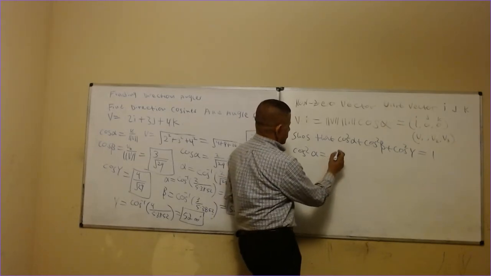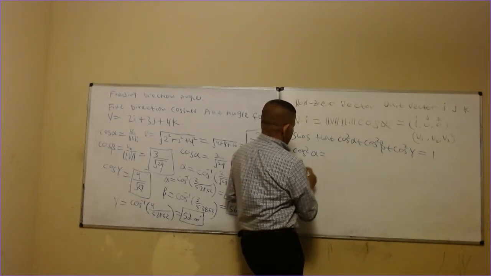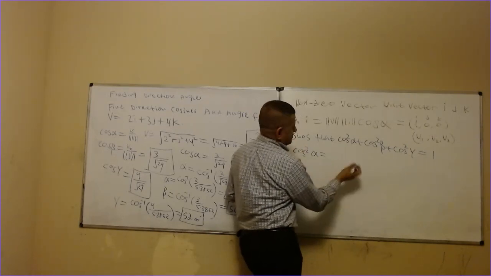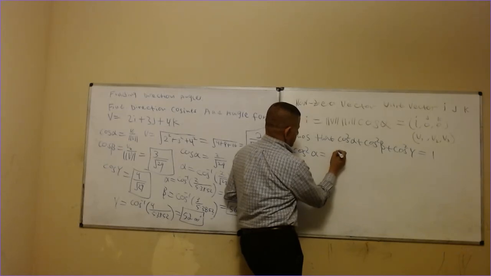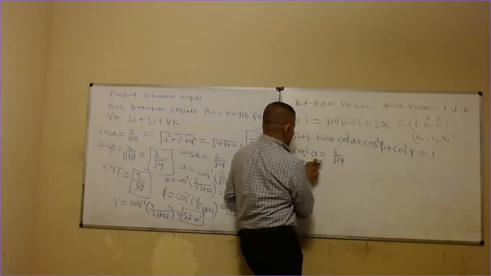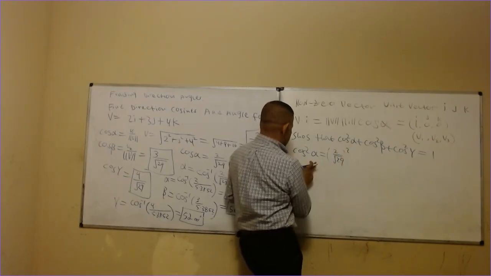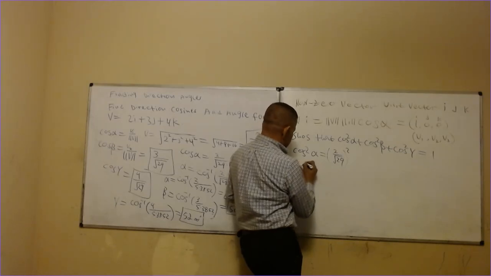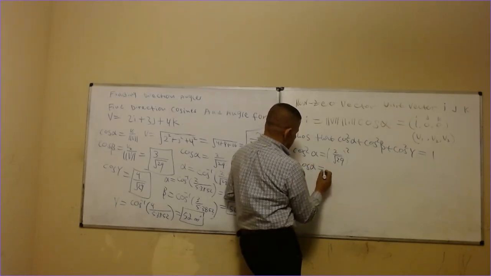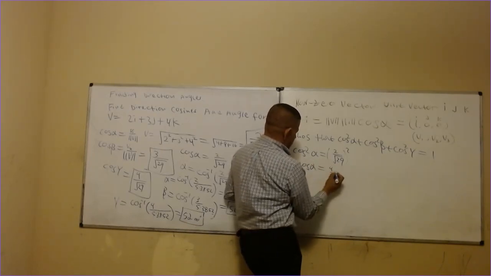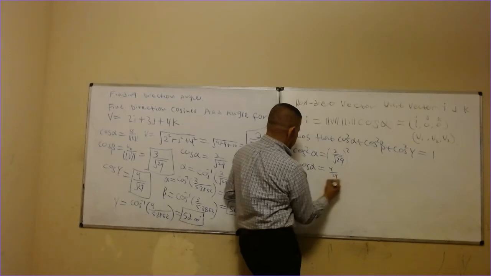So we have 2 over the square root of 29, right? To get rid of the square root, you need to square on both sides. So then I get the cosine squared of alpha is equal to 4 over 29, right?